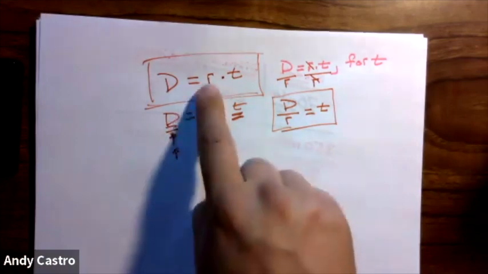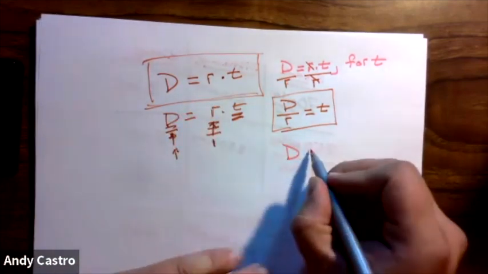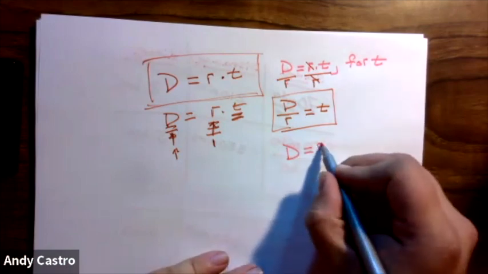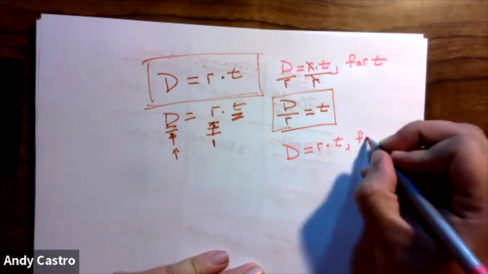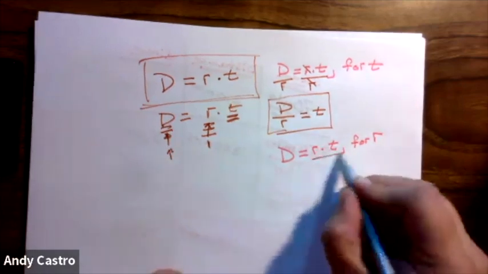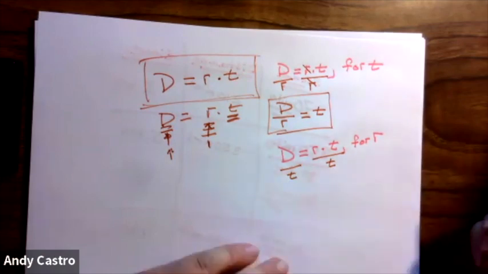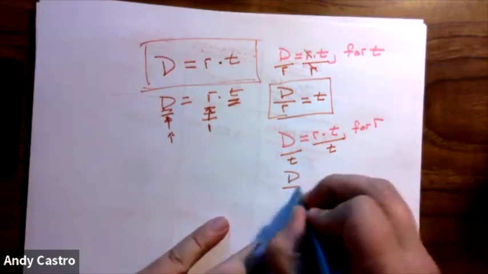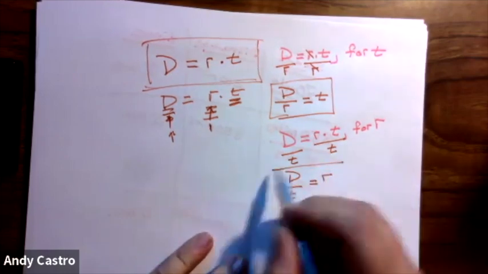And I can do the same thing for rate. Start with my original equation: distance is equal to rate times time. And I'm going to solve this for rate. In order to do that, I would divide both sides by time. And I have distance divided by time is equal to rate.